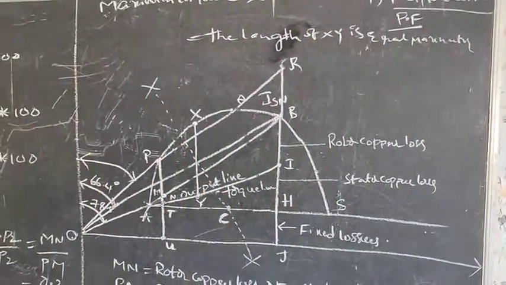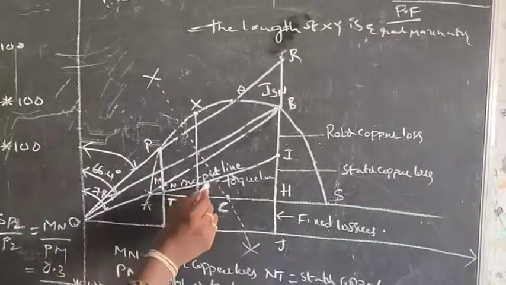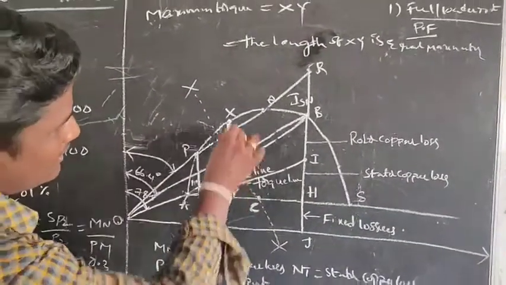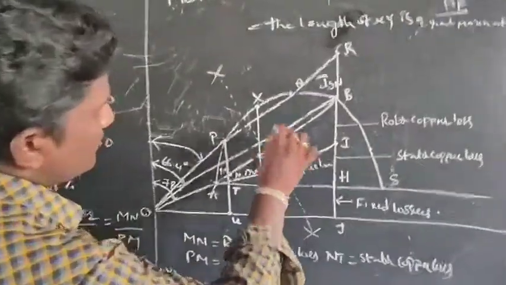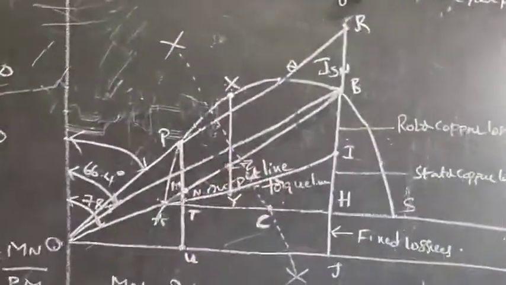In case they ask for maximum power output, it touches this point Z, and XZ is the maximum power output.